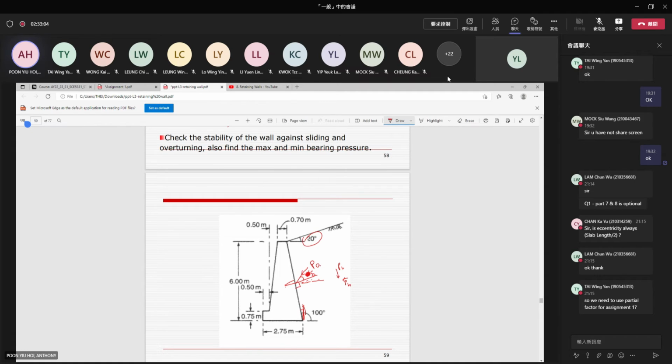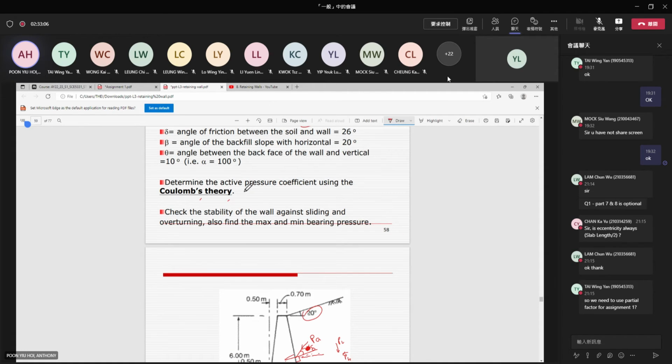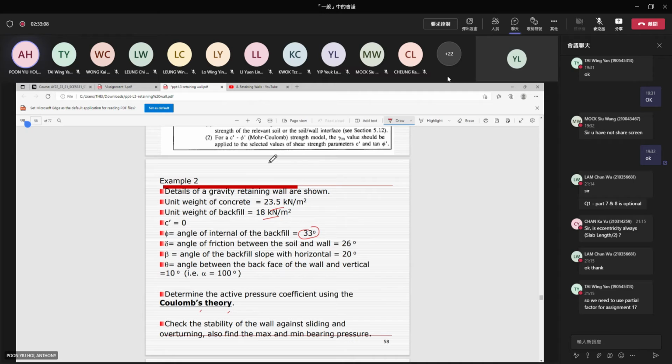So this one is 10 degrees. So it gives you alpha to be 100 degrees.